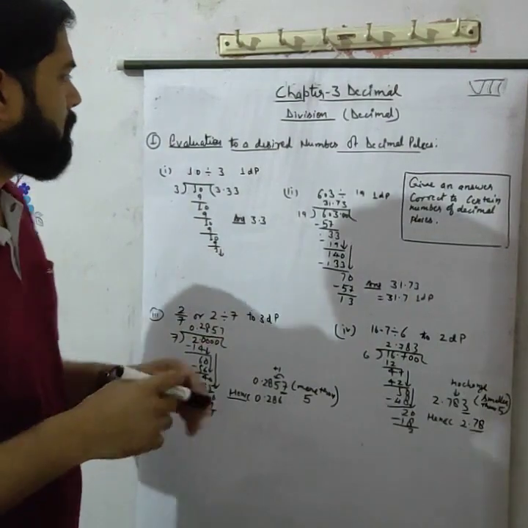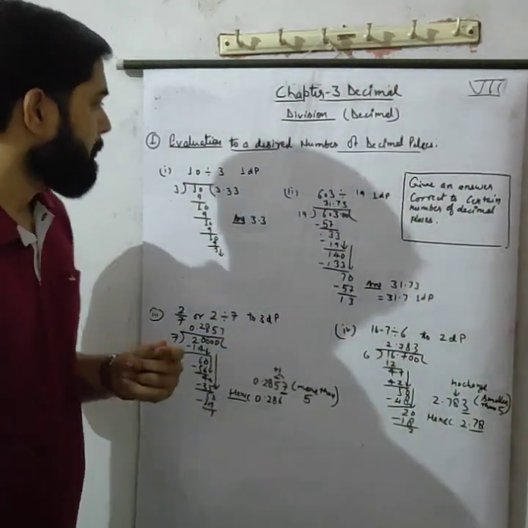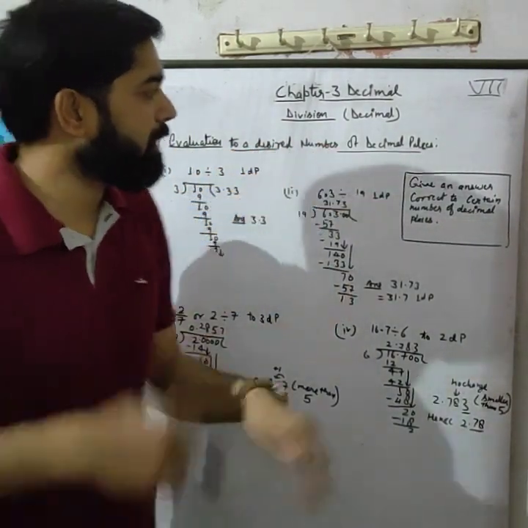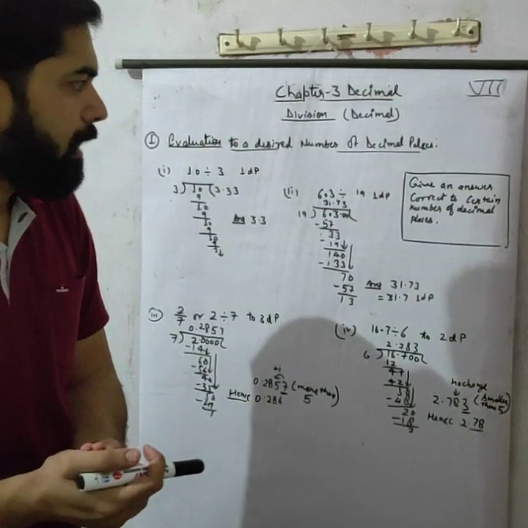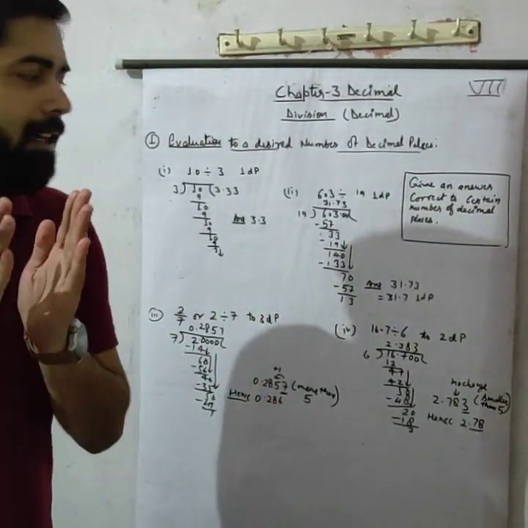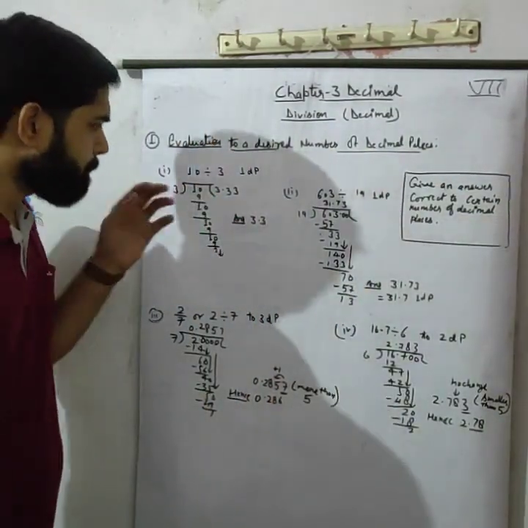So let's start now, and learn how to solve this type of question. Look here: evaluation to a desired number of decimal places means give your answer to a certain number of decimal places.